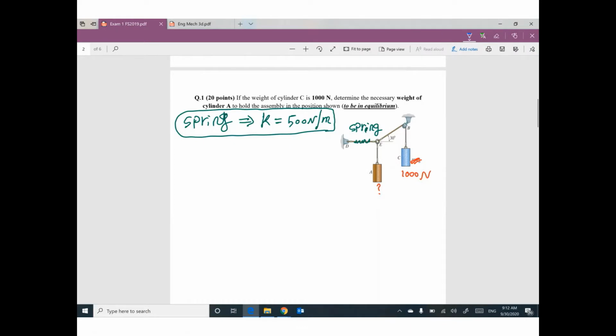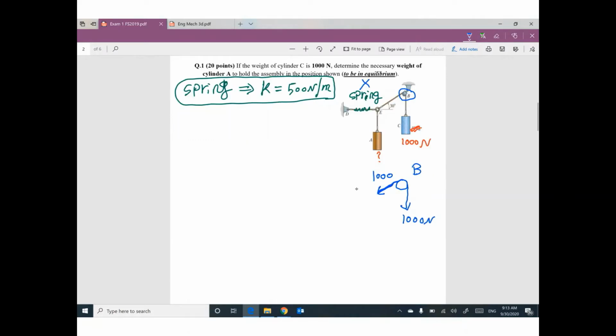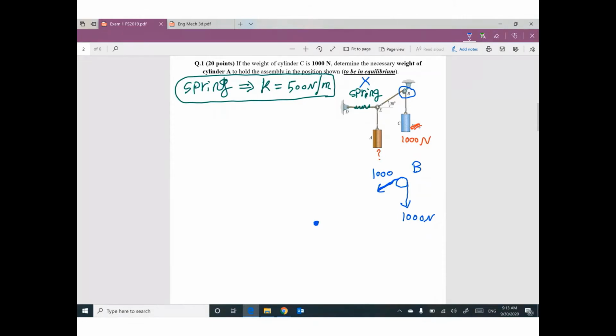We have a spring or not, I don't care. We have a pulley, this is the pulley at B. So any force here, which is 1000 Newton, will be the same force in this rod, 1000 Newton. That means for particle or hook E, we will have a force here, 1000 Newton.